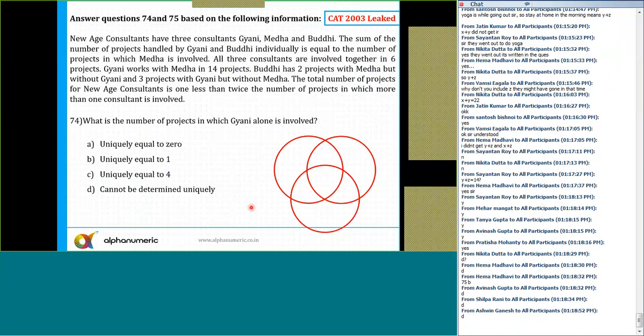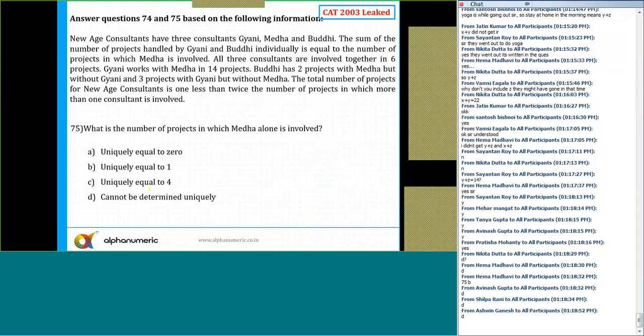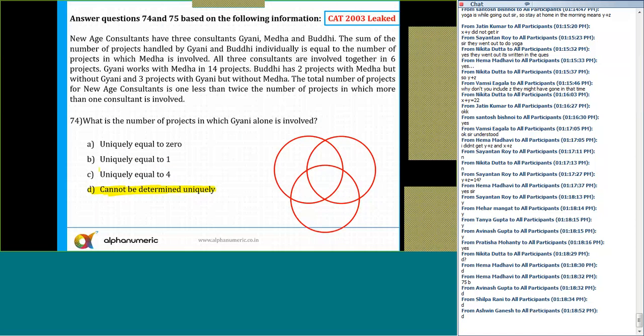The answer of the first part, that is 74, is cannot be determined uniquely. And what is the number of projects in which Medha alone is involved? That is uniquely equal to 1. Option number B. So let's discuss these two questions quickly here.